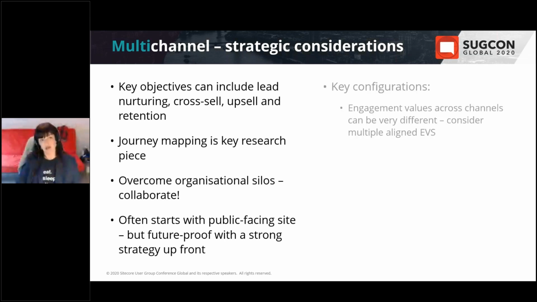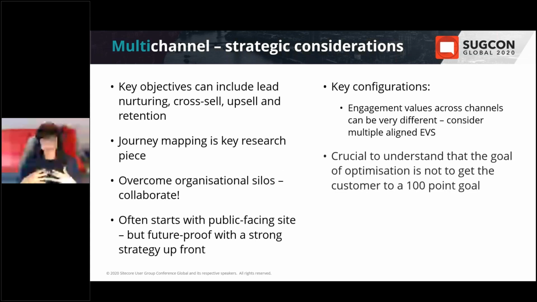Some key configurations here. Engagement values across these channels can be very, very different, so you may want to consider multiple engagement value scales again. But one thing I'll say about engagement value scale and creating those objectives around personalization is it's really important for people to understand that the goal of personalization is not to get a customer to 100 points. It is just to increase their engagement.